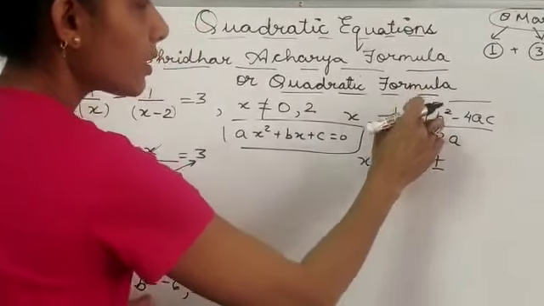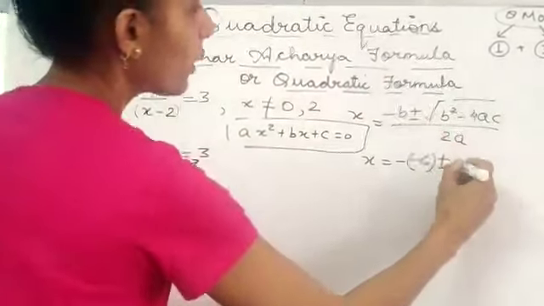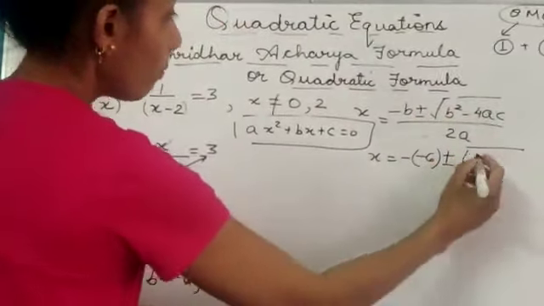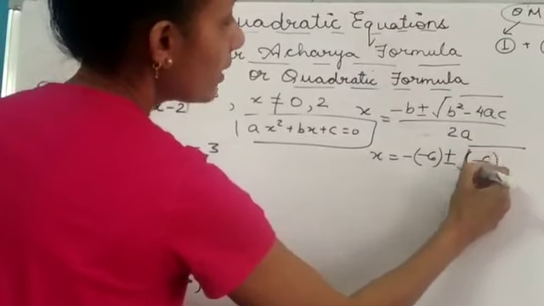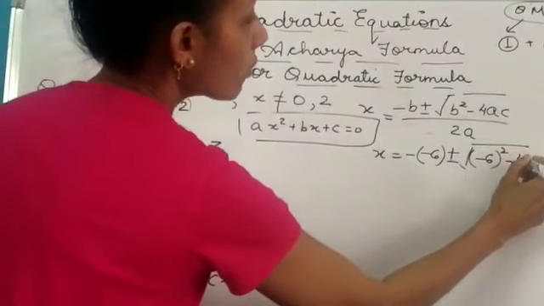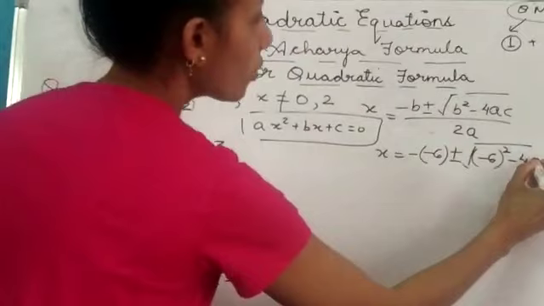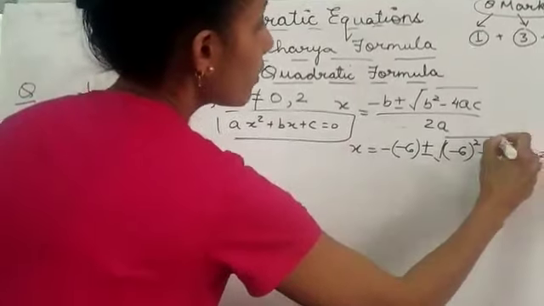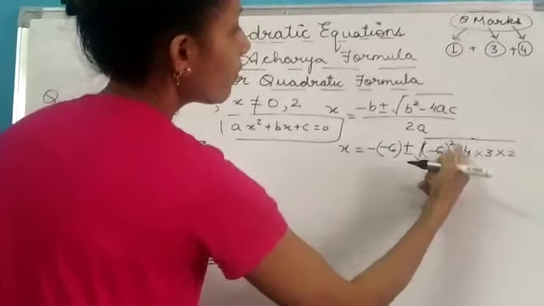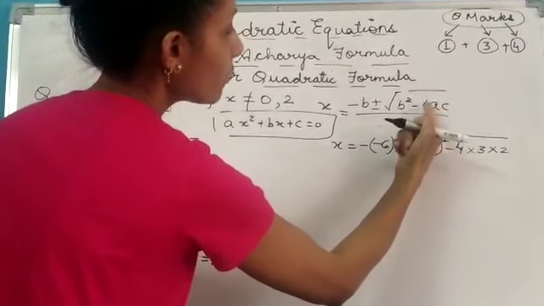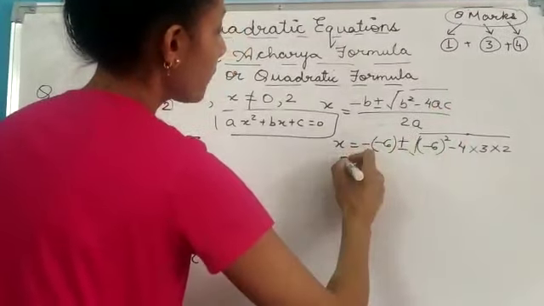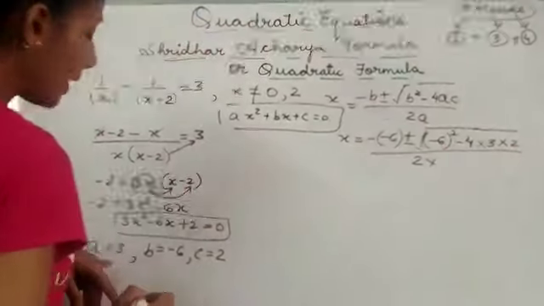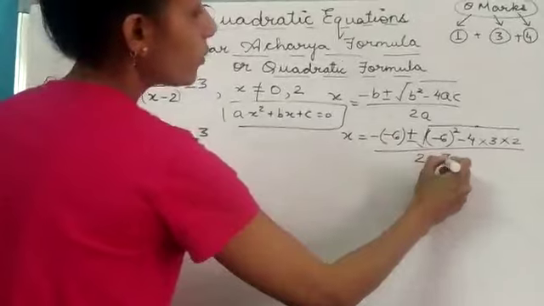Plus minus is present, so you will be putting plus minus root b square. B is minus 6 and it's a square. Minus 4. A is your 3. C is your 2. So this is the value of 4AC. 4AC means 4 multiply A multiply C. Now by 2 into A, and A is your 3. So I am writing 3 over here.